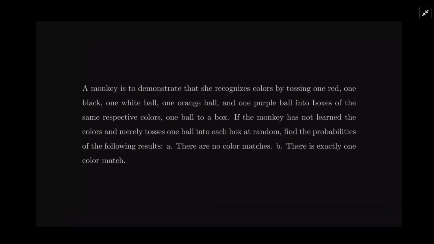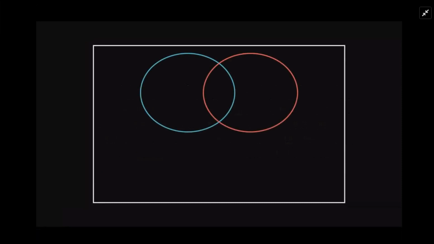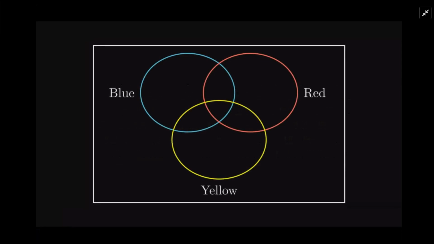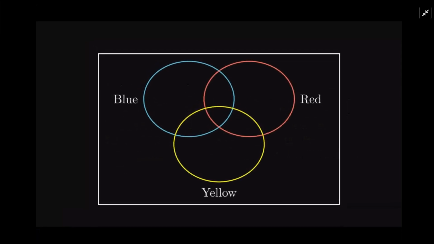All right, let's first look at a simpler example. So 3 colors. This Venn diagram is for 3 sets.